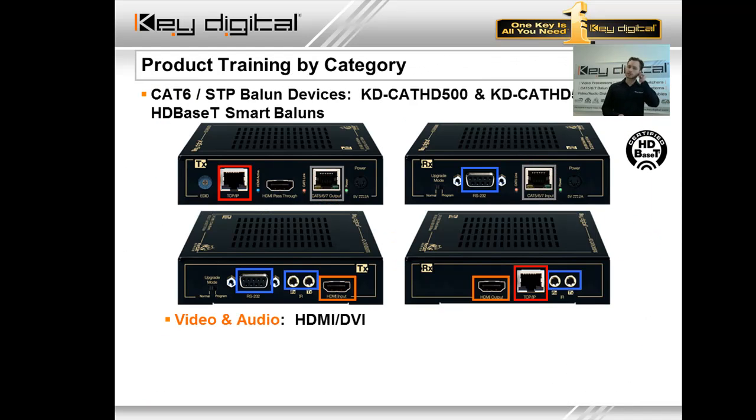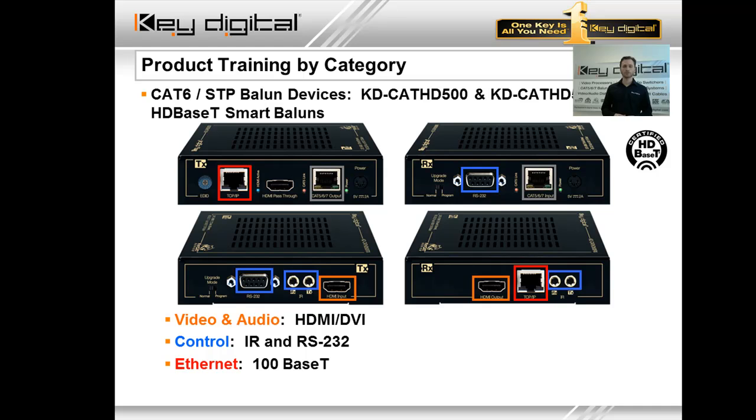Here's a closer look at the Balun. In the orange square, we have our video and audio connections. Let's concentrate specifically on the receive side, which is to your right. Your HDMI DVI display port will be coming out of that port. Control, 2 3.5 ports for bidirectional IR control. DB9 connection for RS-232.